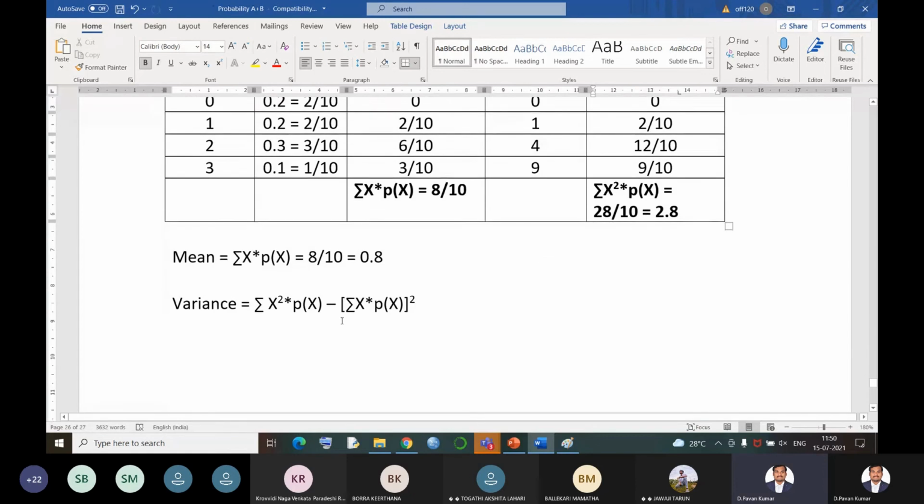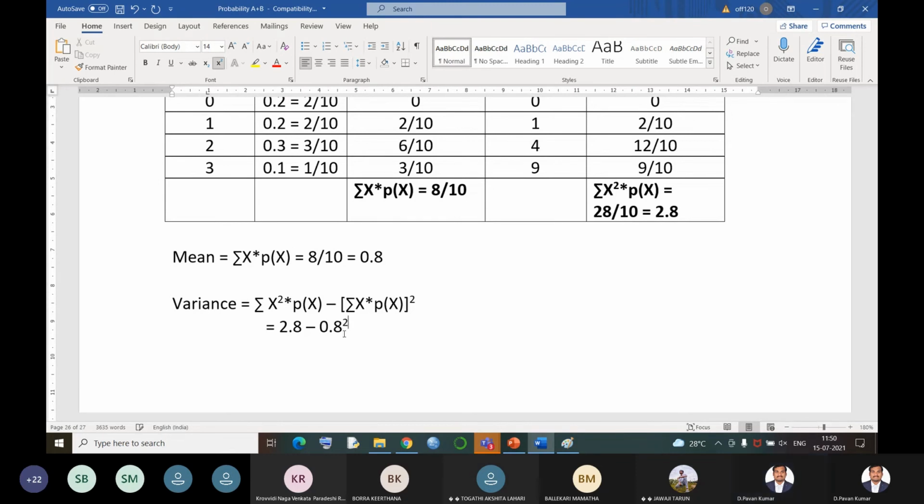It is 2.8. Now, by substituting in the formula of variance, we get it as 2.8 minus expectation of x whole square, right? So it is 0.8 whole square.